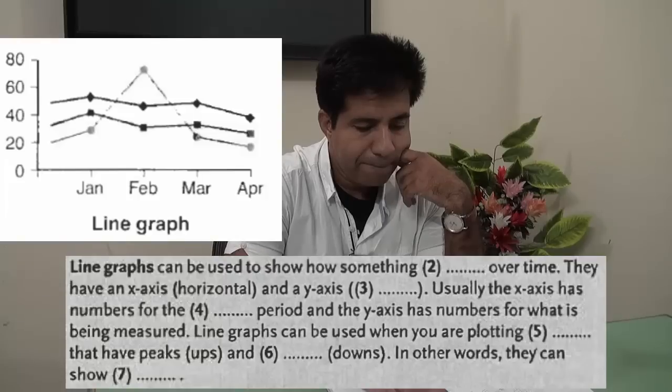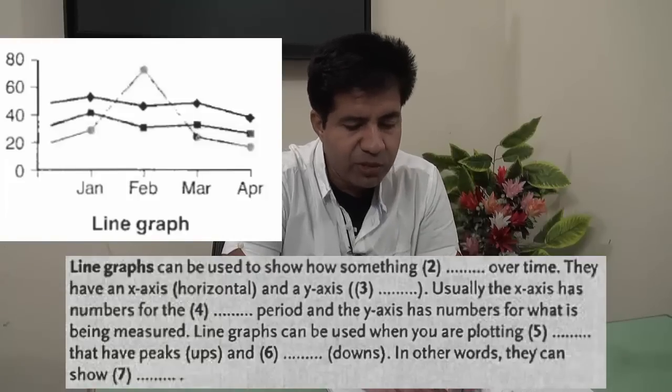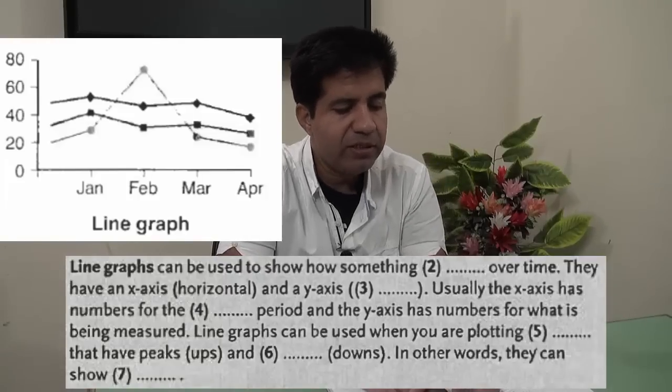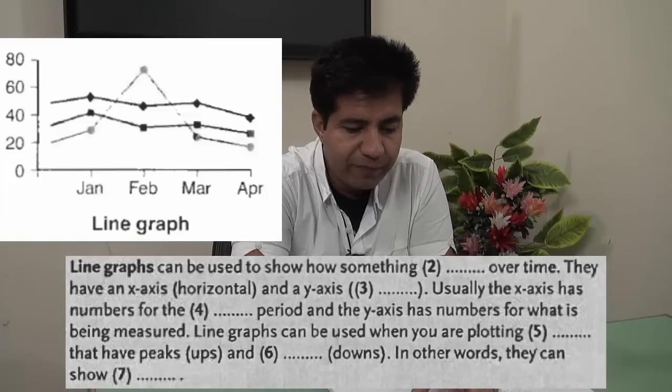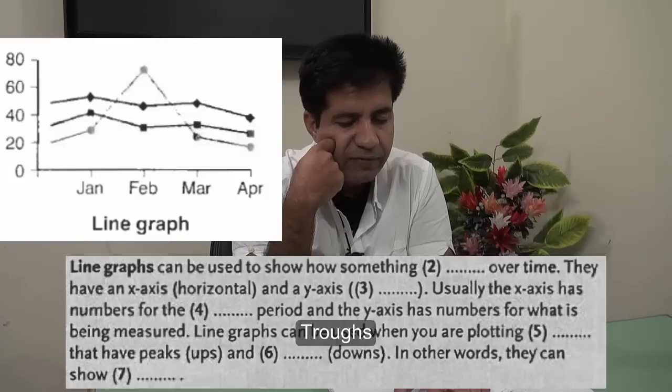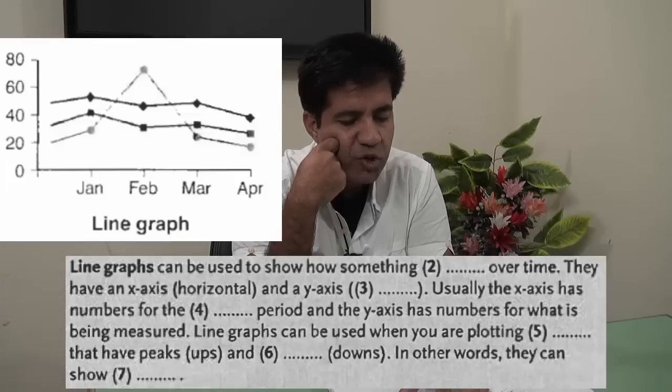Line graph can be used when you are plotting data. The word data will come in blank number 5. It can be used when you are plotting data that have peaks up, and in other words they can show trends.